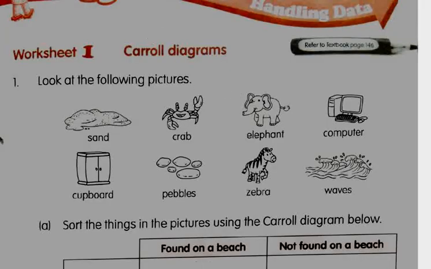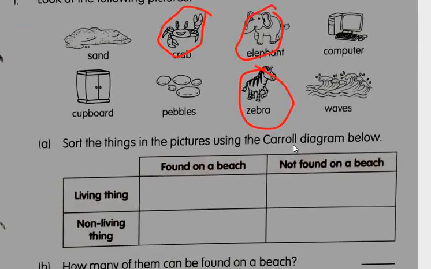We know that living things here are crab, elephant, and zebra, right? And which one is found on a beach? It is crab, right? Only crab.